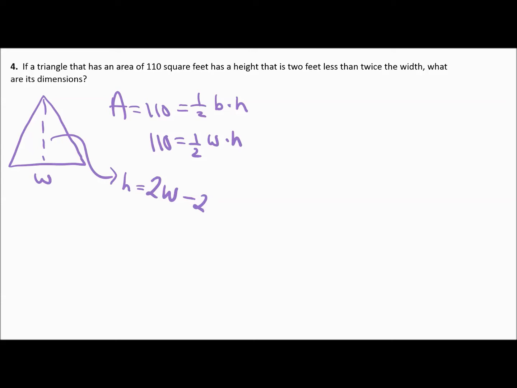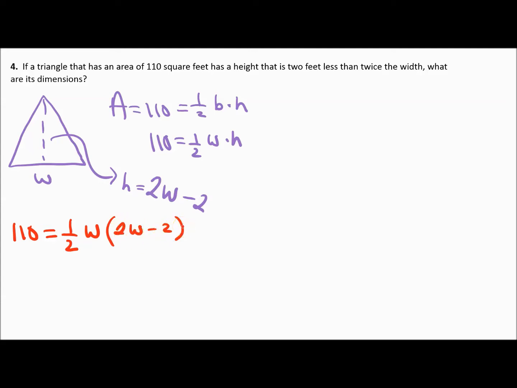So over here, I'm going to fill in my equation. I have 110 is equal to 1/2. Now the width, we're just going to call W, and the height, in terms of the width, is 2W minus 2. Okay? Now remember, I have a choice. I can multiply this 1/2 inside, and it wouldn't be bad if I did, because these are both even numbers, the 2W and the 2.